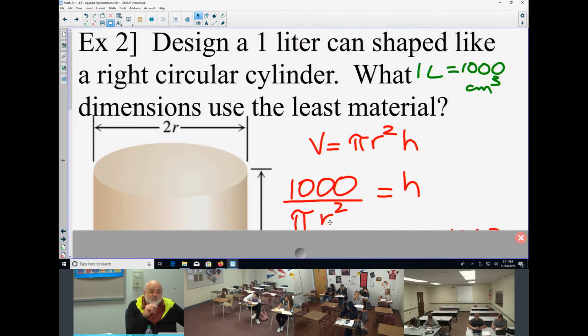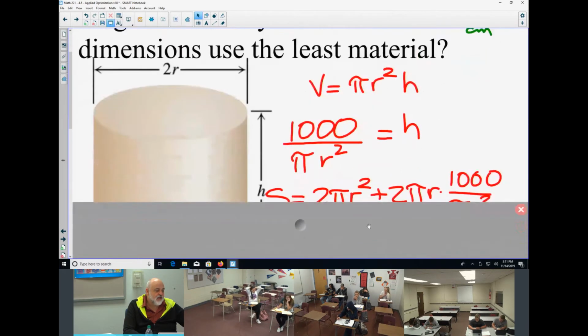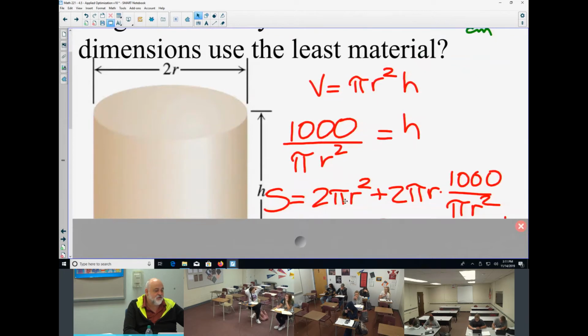So what that allows me to do is substitute in so that when I take the derivative, I'm only going to have to deal with one variable. So in place of h, in the surface area, 2 pi r squared plus 2 pi r h, I'm going to substitute in 1,000 over pi r squared.